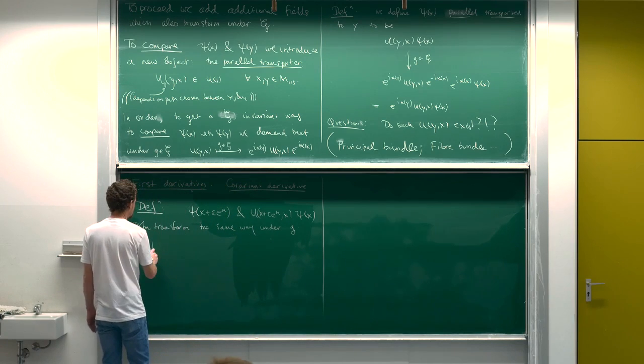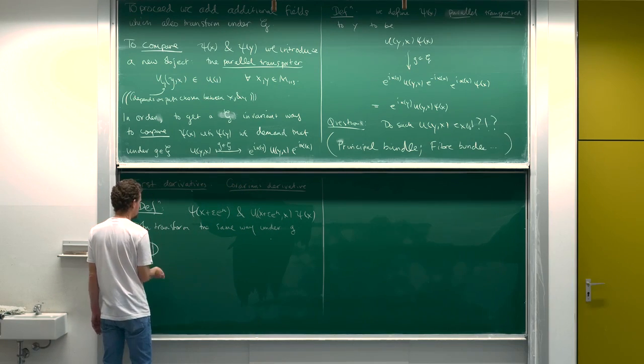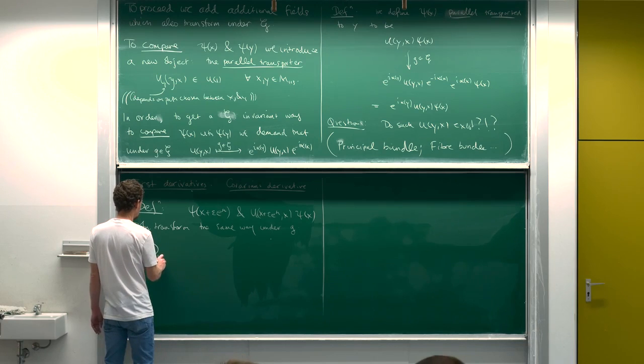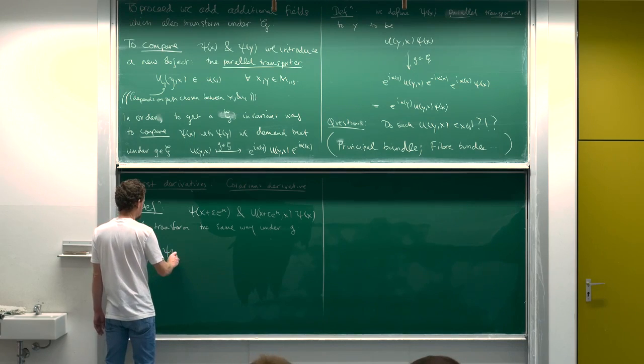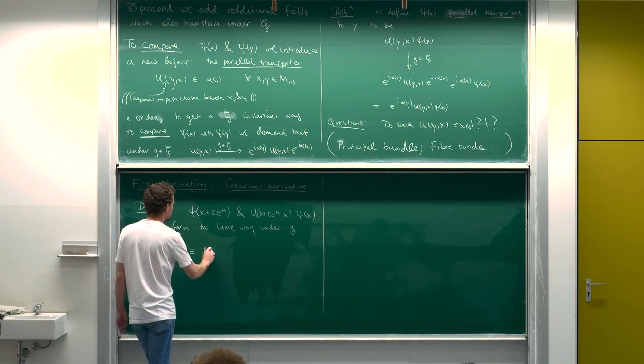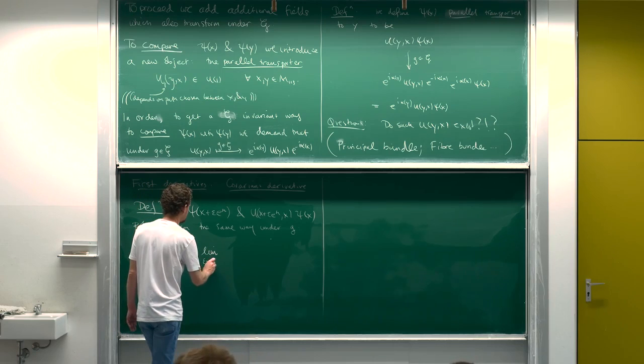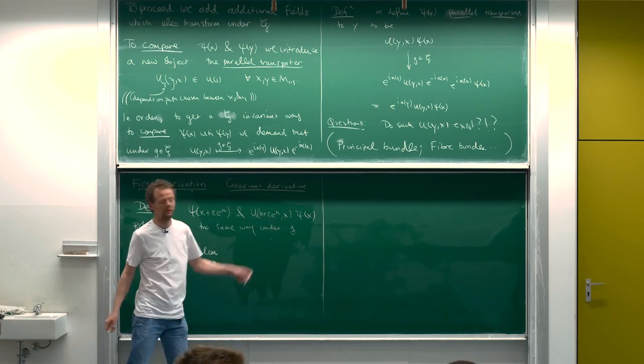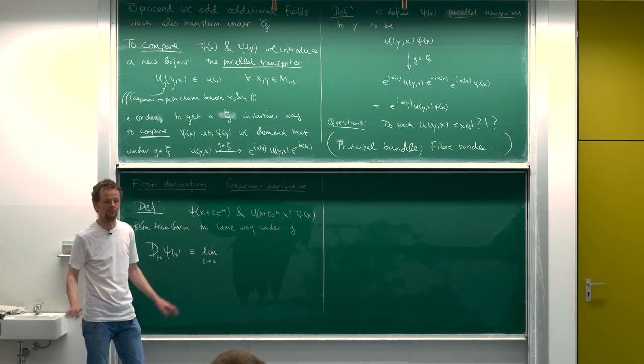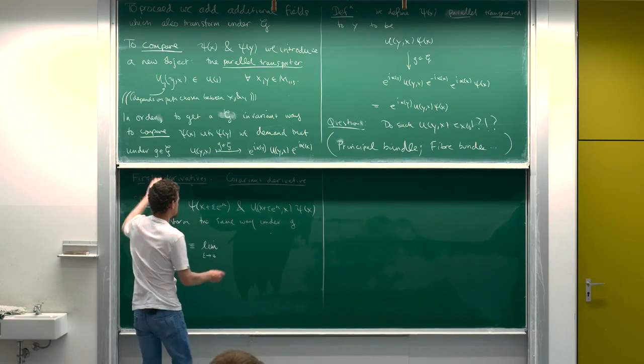Define D_mu psi of x, the capital D being for derivative now, to be the limit as epsilon tends to naught of the difference of these two things. Boom, done. It's easy.